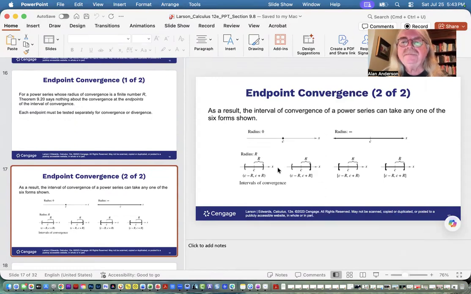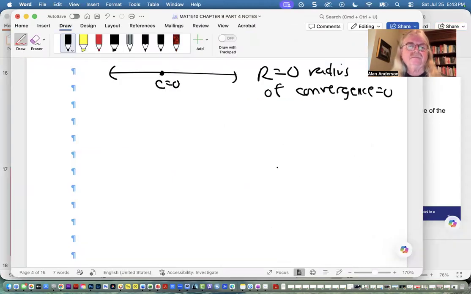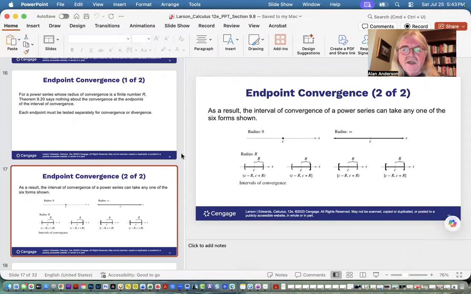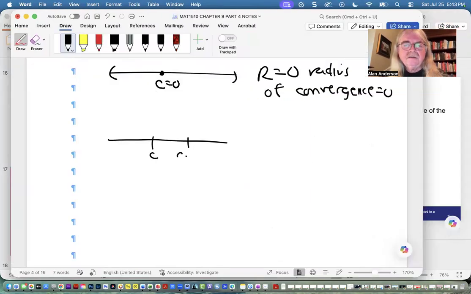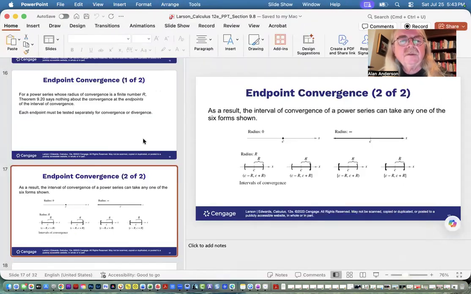Besides the center, a single point at which it converges, and the entire real number line, with the radius of convergence, there are several possibilities. Quickly, let's see.